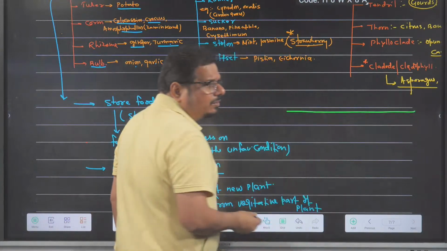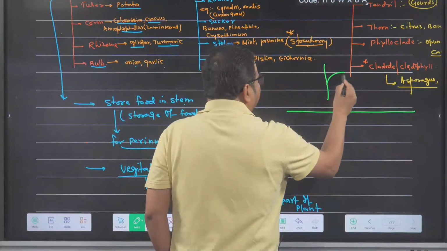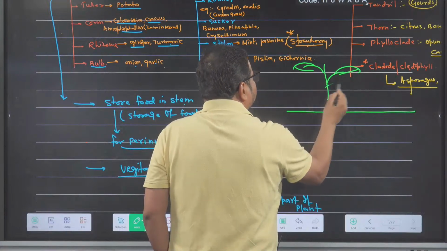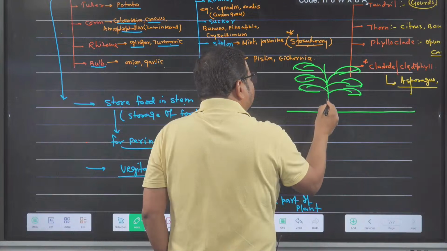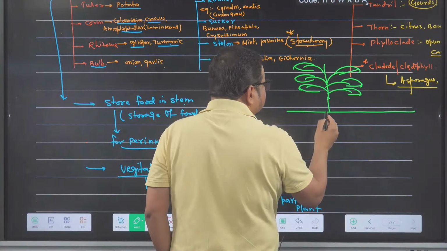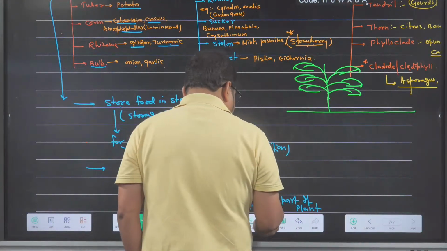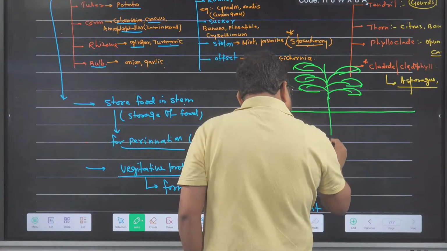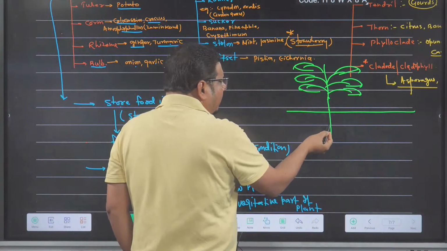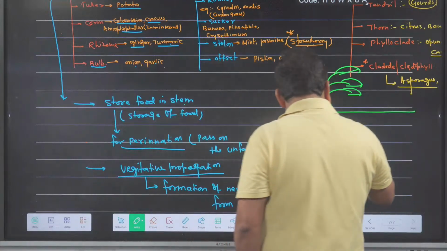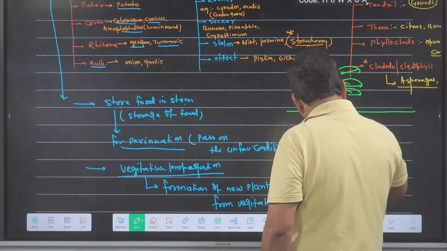Look, this is the surface of a stem, and this is the leaf of the potato. This is some of the stem of the potato, which comes underground.